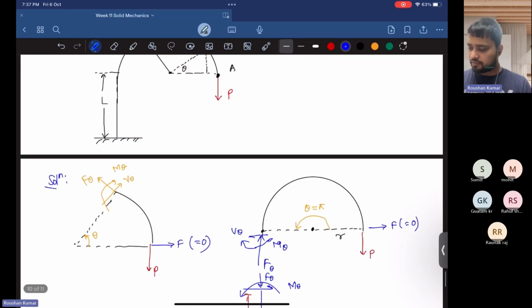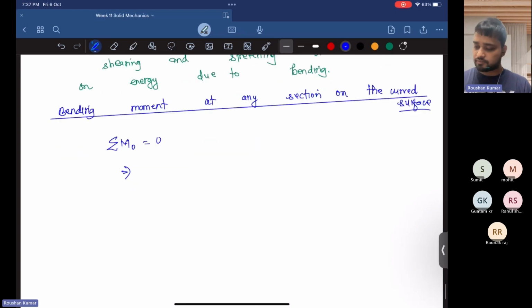Considering this as the positive direction, it becomes minus M theta minus PR.